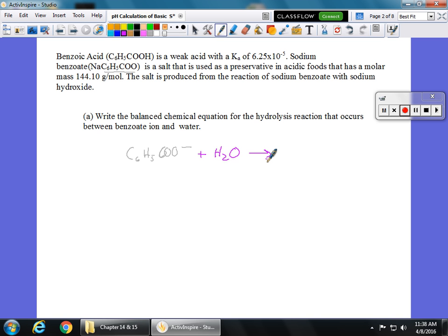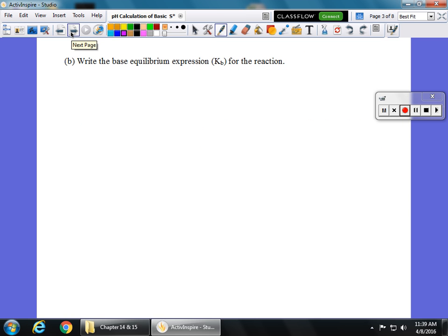The sodium benzoate is going to react as a conjugate base of the benzoic acid, right? So it's going to pick up the hydrogen from water, and it's going to turn back into our benzoic acid, C6H5COOH, and it's going to give us a hydroxide. That's how it's acting as a base. So our conjugate base turns back into our original parent weak acid. Okay, pretty straightforward. Probably like a 1-point problem.